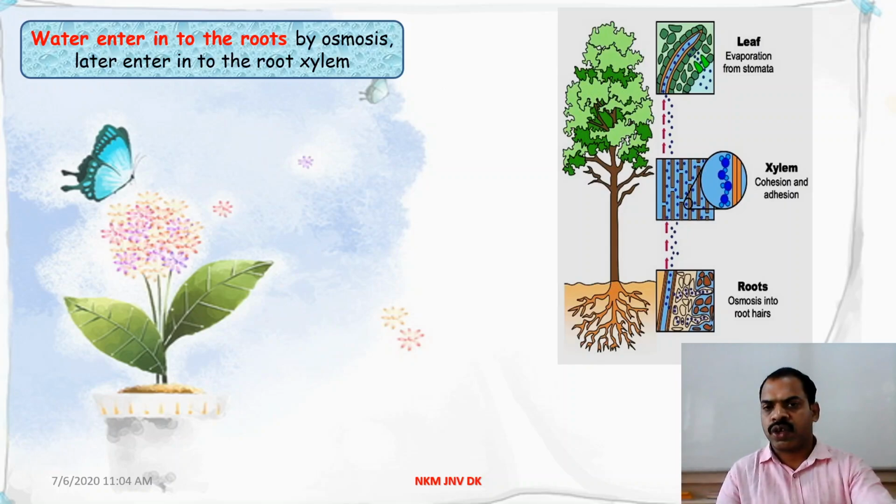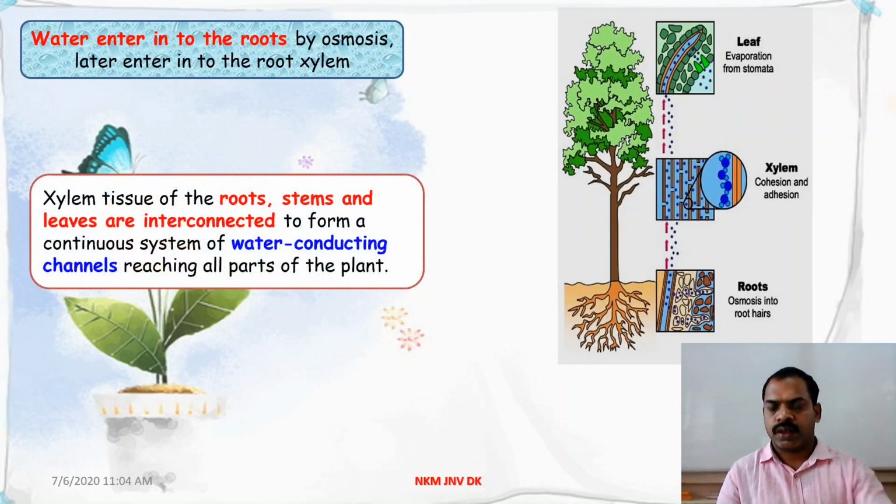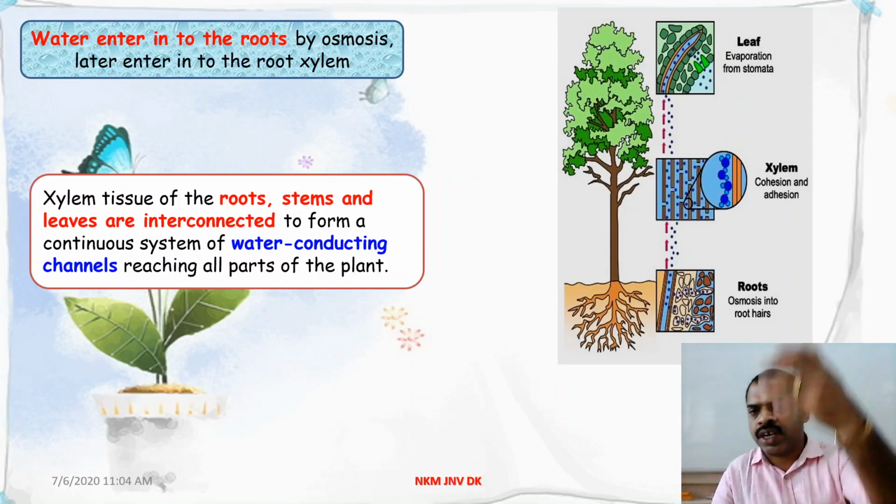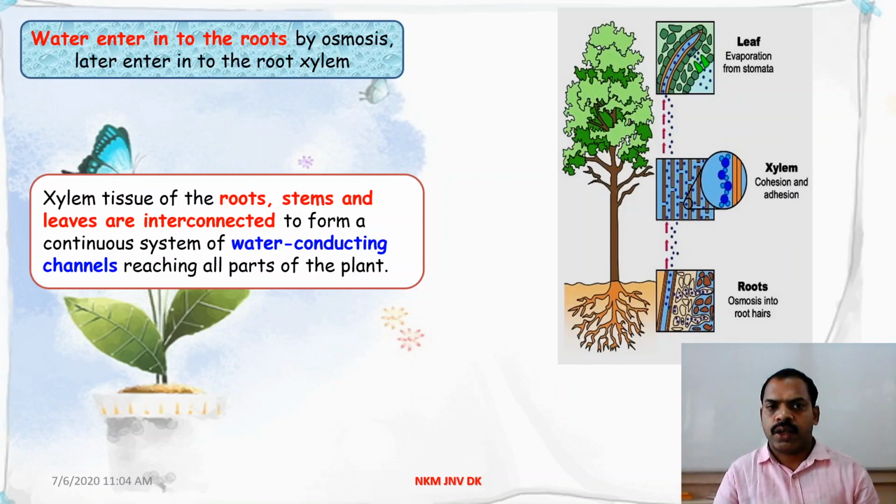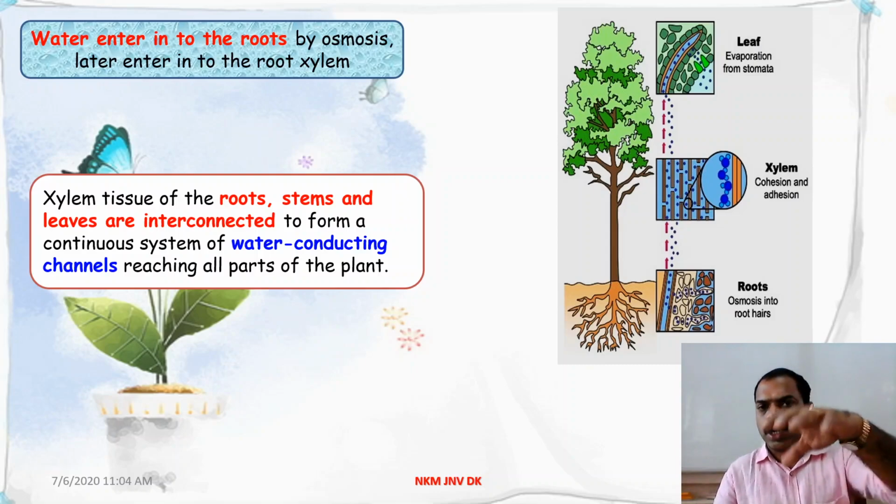From there it goes to the root xylem. The xylem tissue of the root is continuous with that of the stem and ultimately till the leaves. So it makes a continuous column and reaches till the leaves.